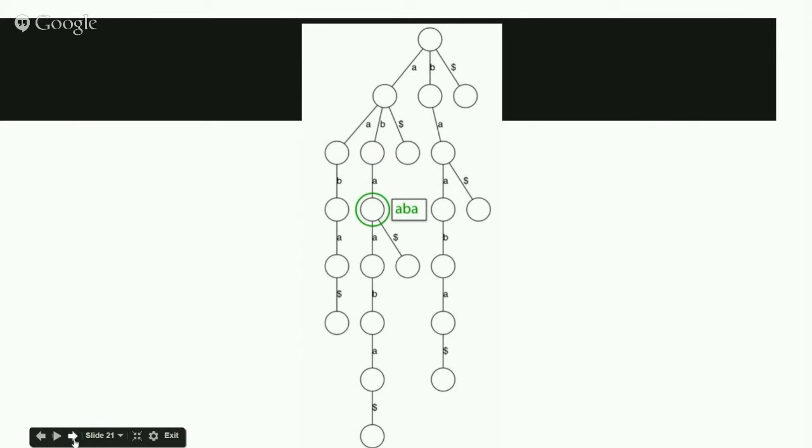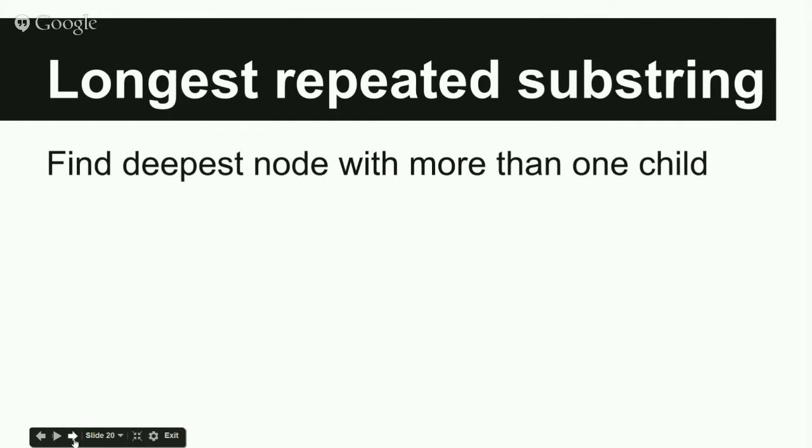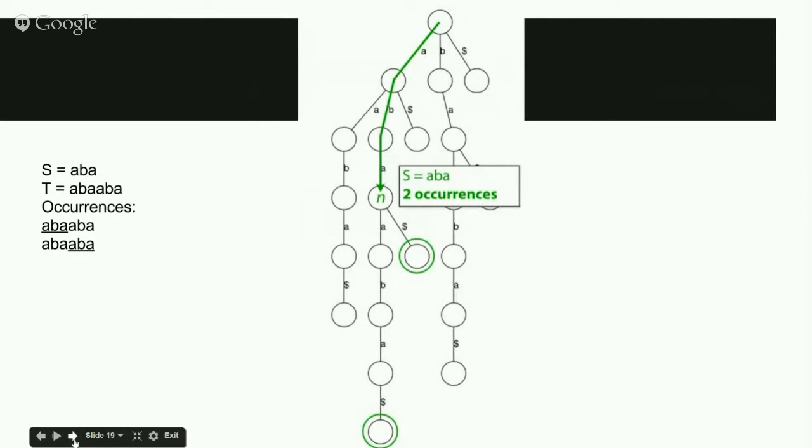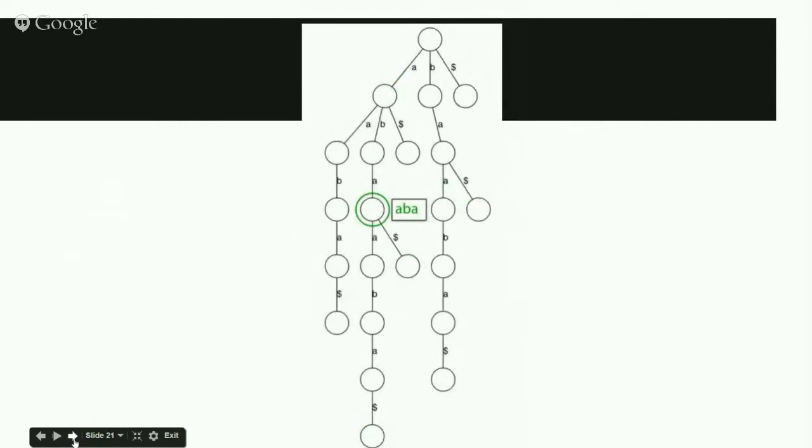You can basically do BFS or DFS, well, DFS actually, to find the deepest node with more than one child. Can you go back one slide? Sorry. Okay. Oh, sorry, go forward 2. And again. Okay, so you're just looking for the deepest node with more than one child.